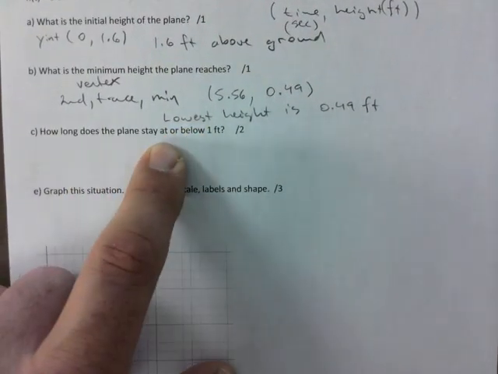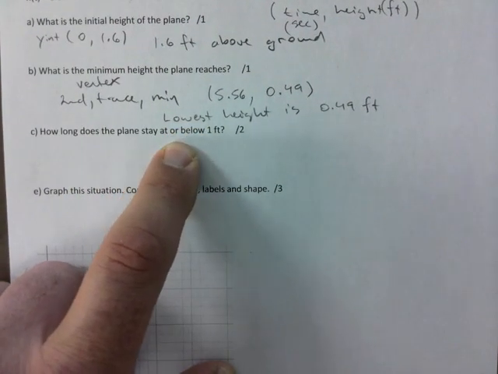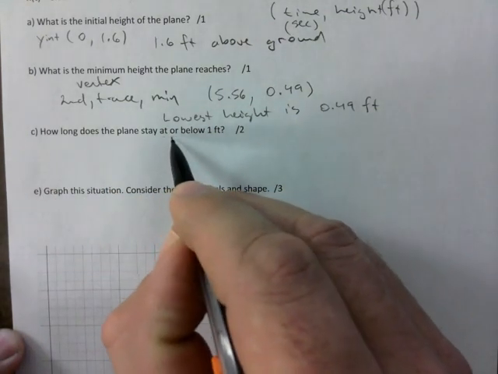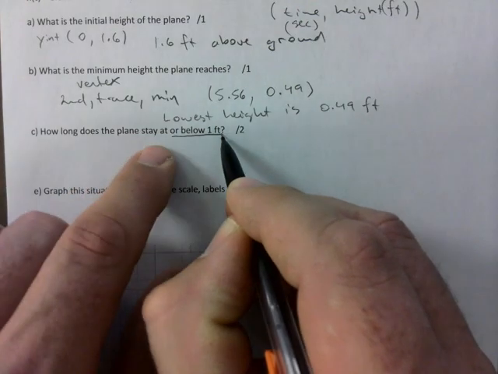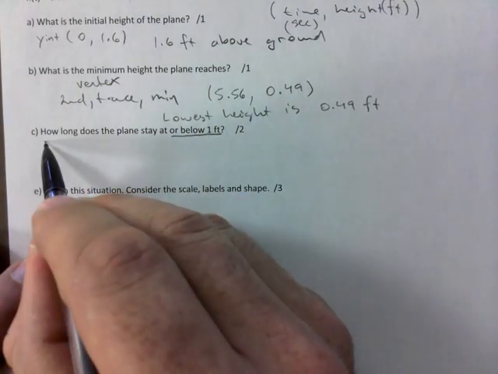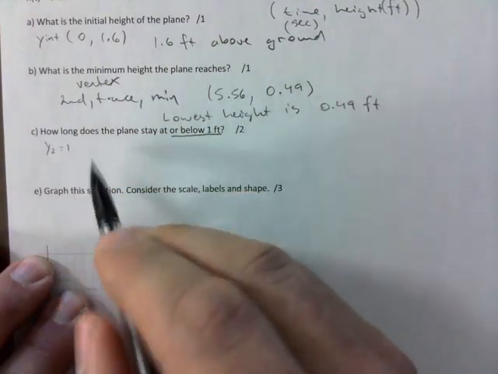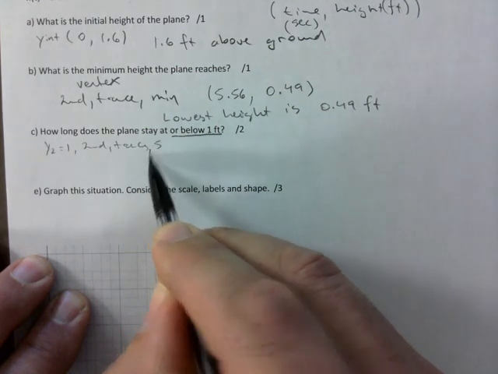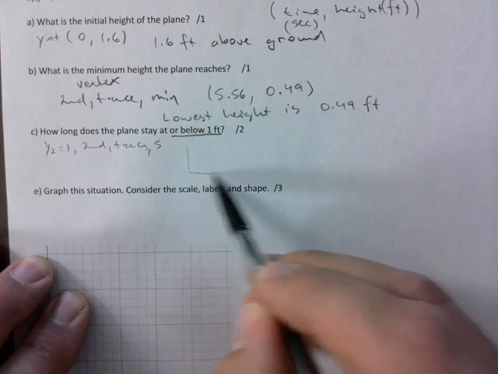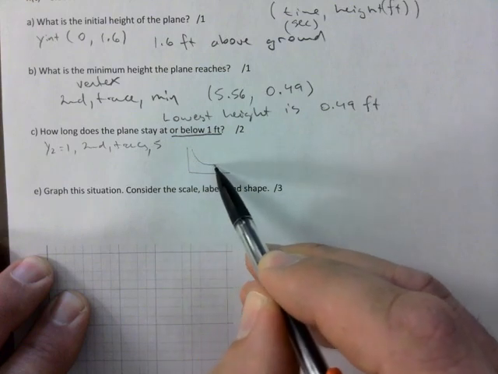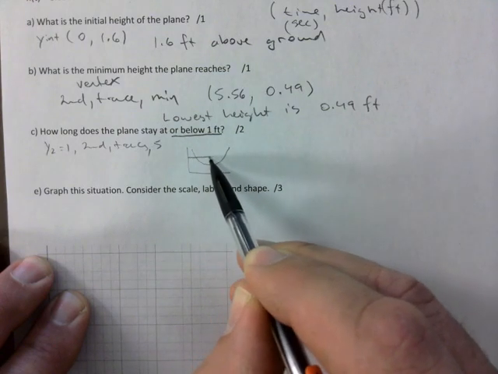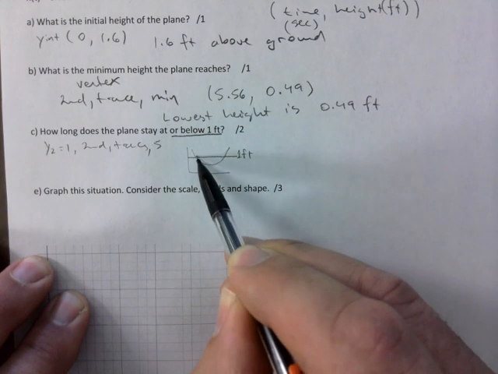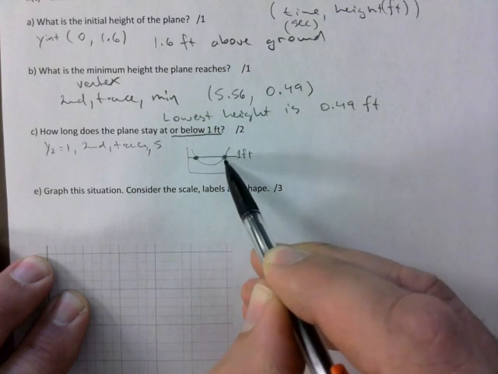How long does the plane stay at or below 1 foot? So that's when, first of all, at or below 1 foot, right? So you know that y2 is equal to 1 is your go-to, and you're going to have to go second trace 5, okay? So what's happening here is if you have a little sketch, you will graph the 1 foot mark, and you're going to figure out the start and the end.